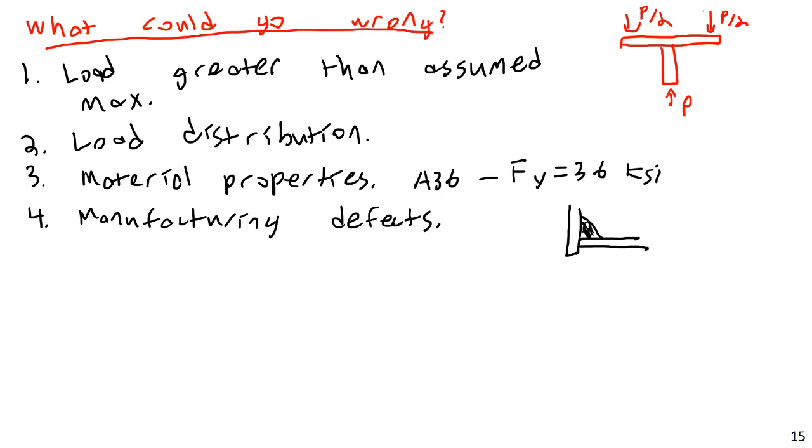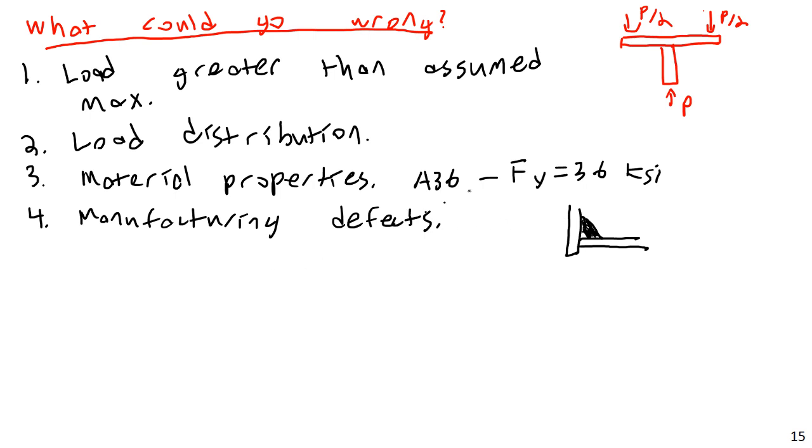It's all filled in like it should be, except right at the root of the weld, and there is a cavity. Looking at it from the outside, I would never be able to see that. And I would be counting on this weld giving me the full strength. But if I hadn't taken into account risk, if this structure will only work if the weld is built exactly as designed, I'm going to have a problem.